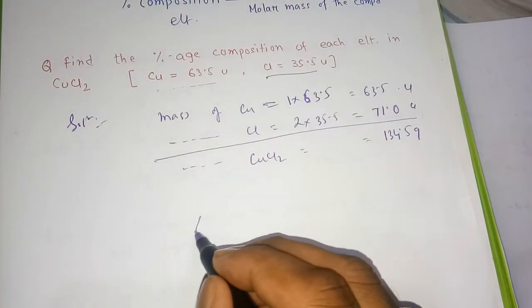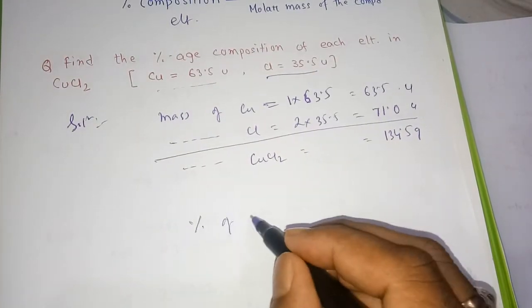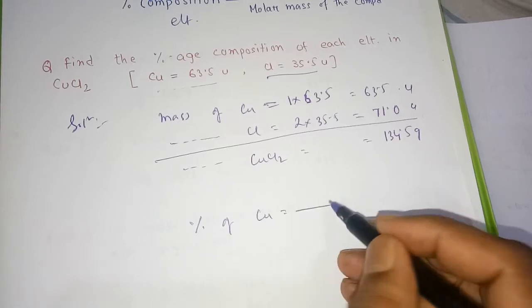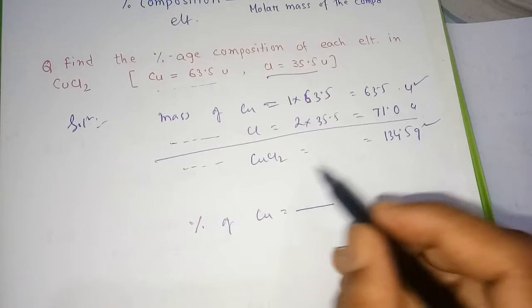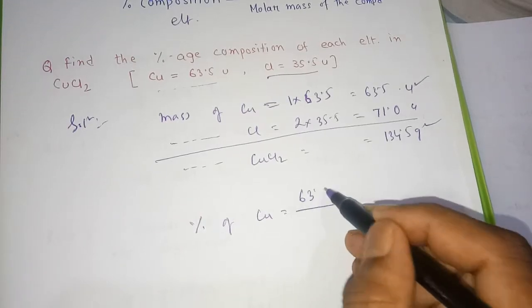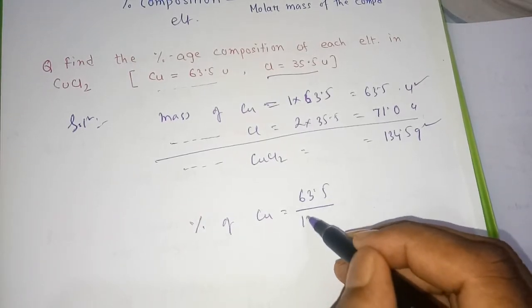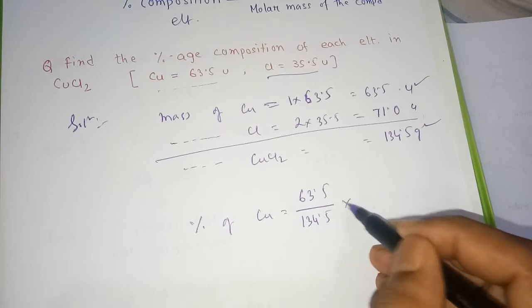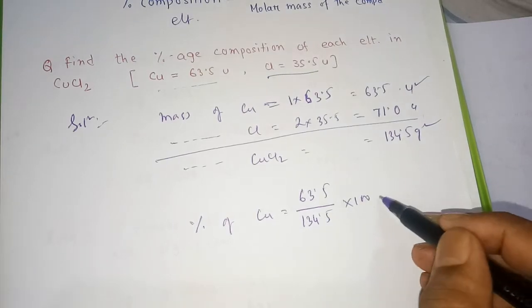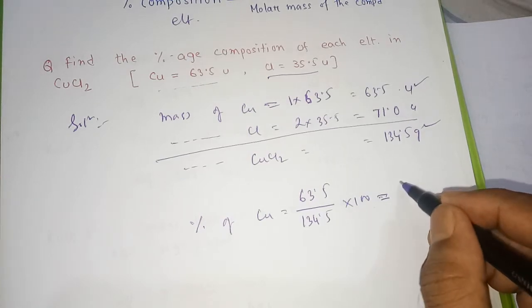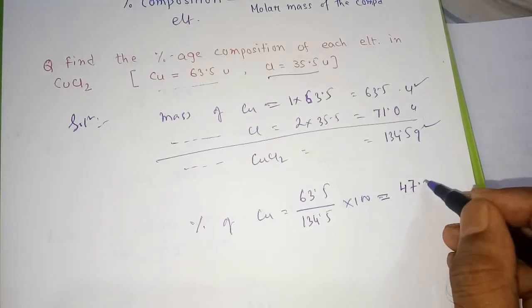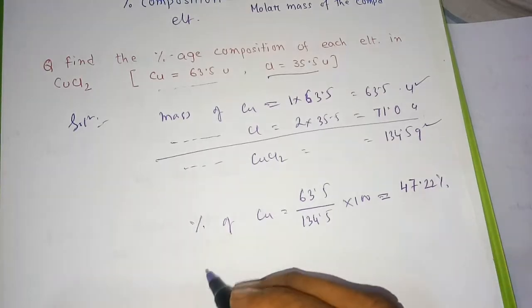So in that case, the percentage of copper is the mass of copper divided by the total mass. So this is 63.5 divided by 134.5 into 100. You multiply and divide, and you will get 47.22%.